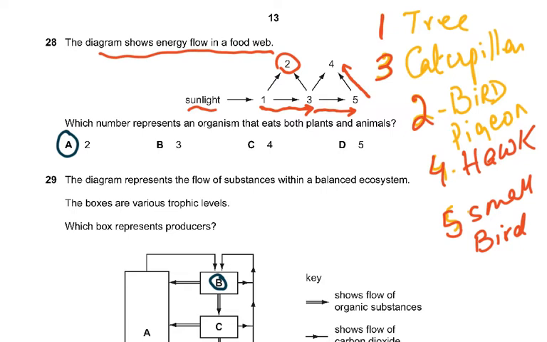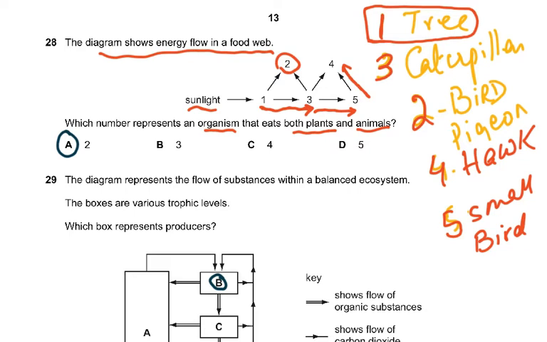So which number represents an organism that eats both plants and animals? The arrow had to come out of one because the one was the plant. And that was only two because the two was the bird which was also eating a caterpillar. So two was eating the plant as well.